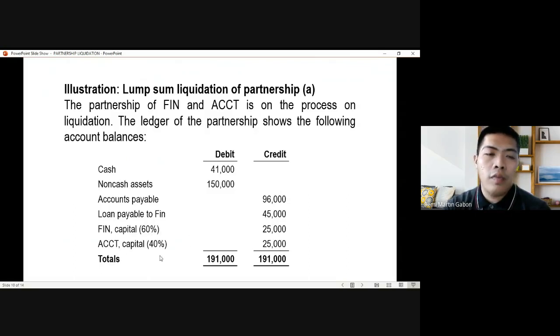Ratio nila is 60-40. Then discuss ko muna tong loan payable to Fin. Nasa credit side siya. Ibig sabihin loan payable, ibig sabihin si partnership mayroong loan na ibabayad kay Fin. So may utang si partnership kay Fin. Okay? So asset ito ni Fin, liability naman ni partnership.